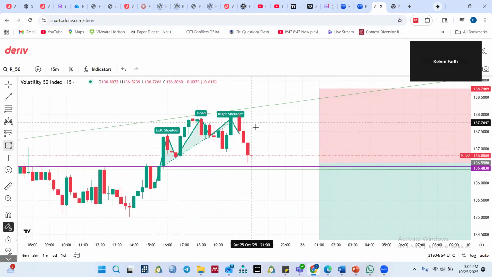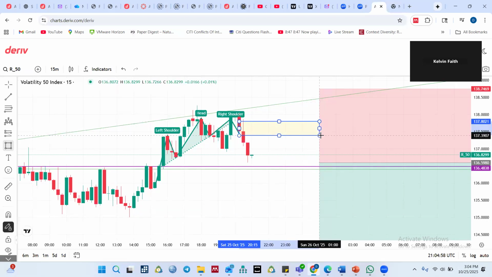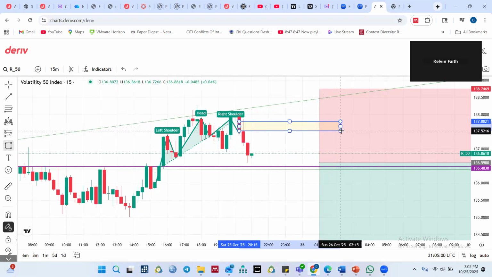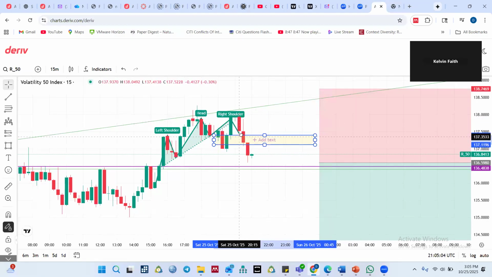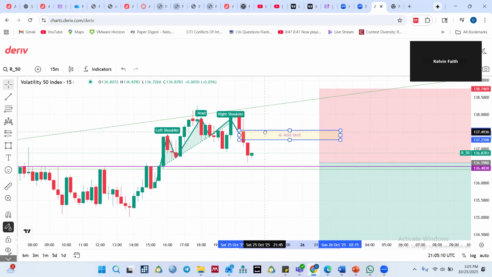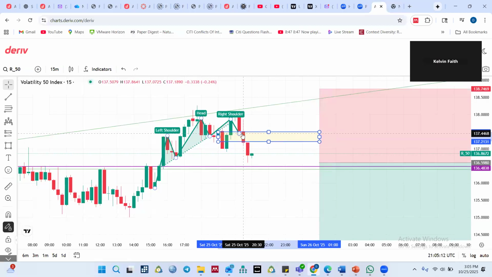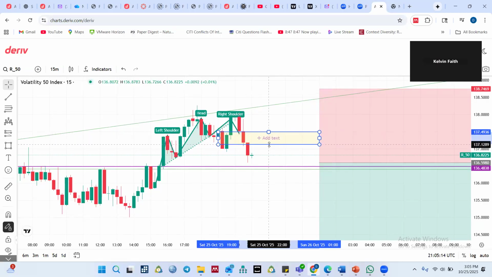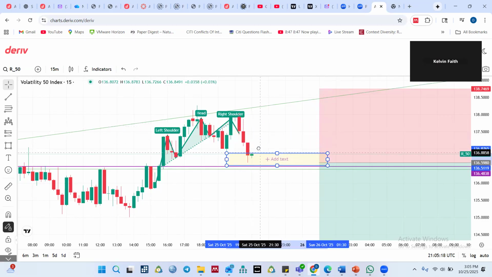We have a fair value gap here, which is also like an order block. So you can see there is an order block here. This block failed. So price could come into it with a fair value gap right in it, and then drop.